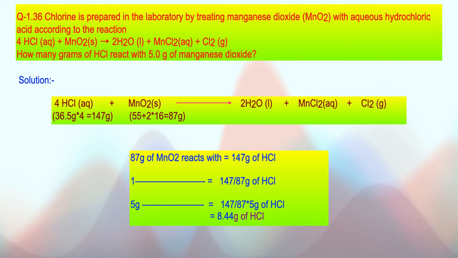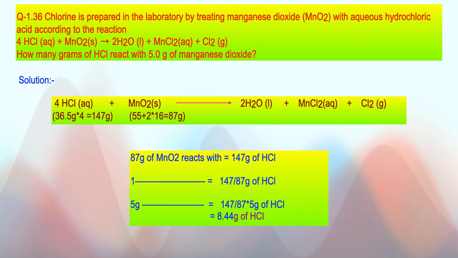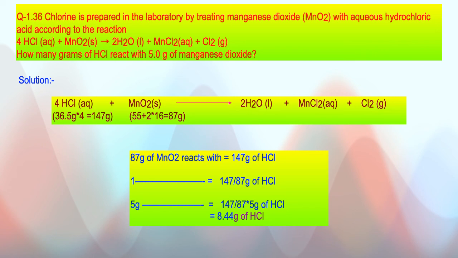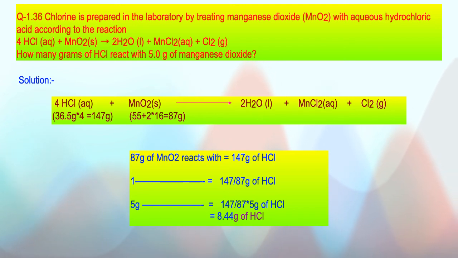Therefore, mass of MnO2 is 87 gram. 87 gram of MnO2 reacts with 146 gram of HCl. 1 gram will be 146 divided by 87 gram of HCl, and for 5 gram as given in the numerical we will multiply by 5 gram and we will get the answer 8.44 gram of HCl. Therefore, 5 gram of MnO2 will react with 8.44 gram of HCl.